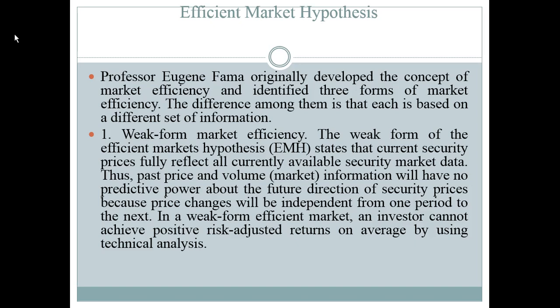Okay, we now move on to the efficient market hypothesis, which is also known as EMH. This was developed when we first discussed the concept of market efficiency. And then the EMH is divided into 3 forms. First, we've got the weak form. The weak form of EMH says that current security prices should reflect all current available security market data.